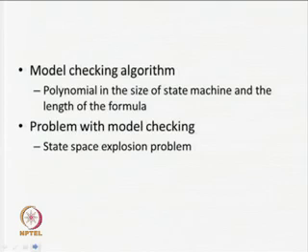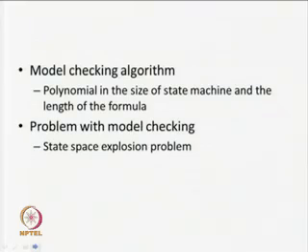But we have one more problem with this model checking algorithm. This is known as the state space explosion problem. What is this problem? Suppose we are working with a system having n control variables, or n control signals, which can be treated as our atomic propositions. The number of different combinations will be 2 to the power n.